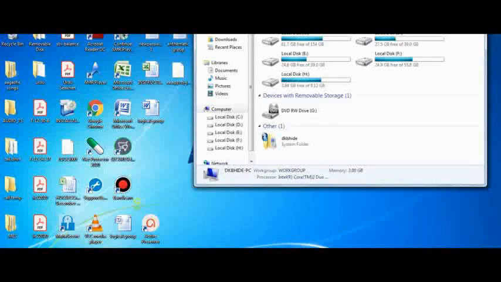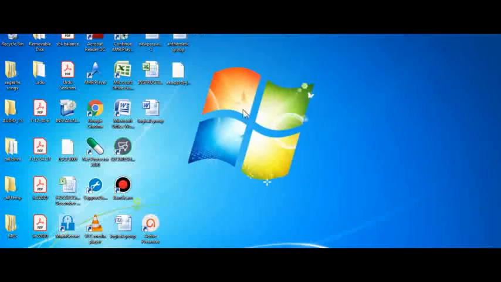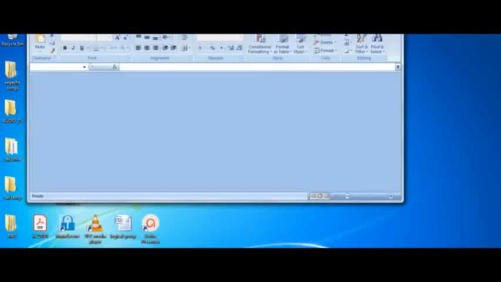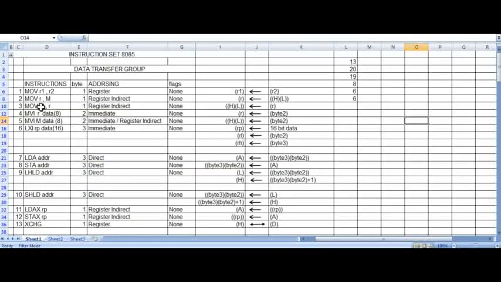I have all these 13 instructions of 8085 in Excel format also. All these 13 instructions are summarized here.